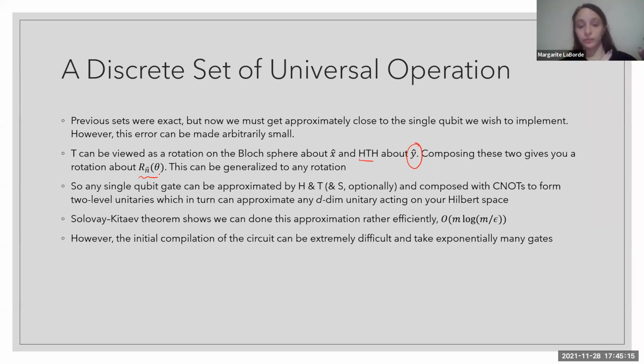Now I mentioned that this is an approximation, so we should talk a little bit about how it scales with the approximation. So you have some epsilon error, and you want that to be arbitrarily small. How many gates do you have to do to get that error small? Turns out this is one of the few things that scales pretty well.